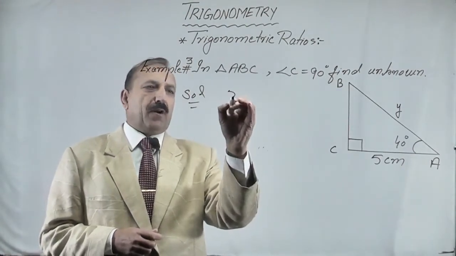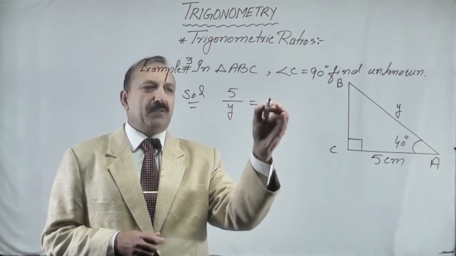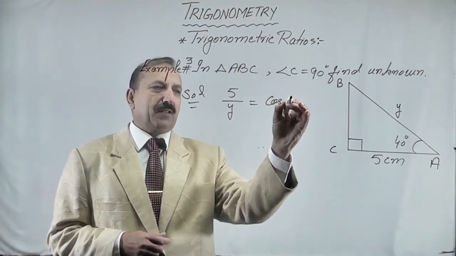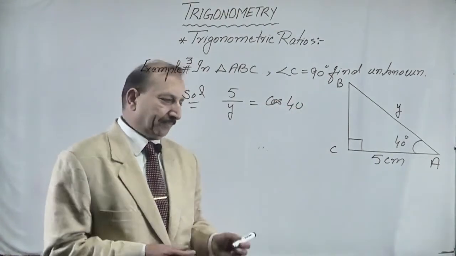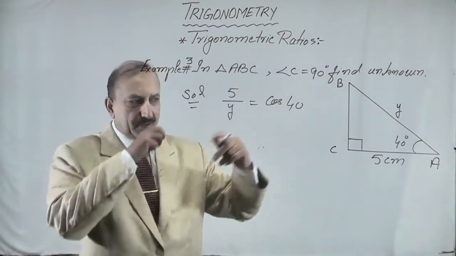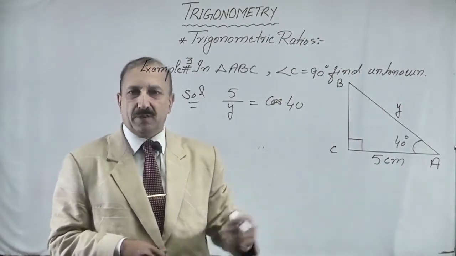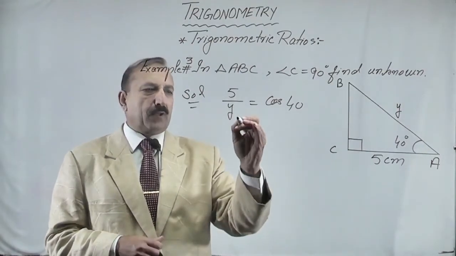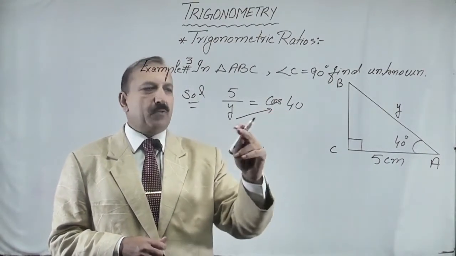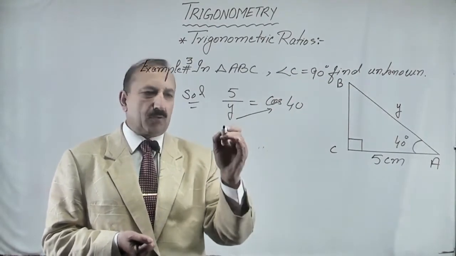So 5, adjacent over hypotenuse, will be equal to cosine of the angle given, that is 40. Now here, this is the third side. I'm one by one covering all 3 sides. Now our focus is to find the hypotenuse. We will cross multiply, moving y to this side so we can find the value of y, and this will cross multiply to the other side.